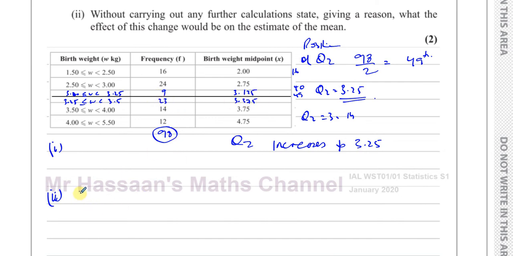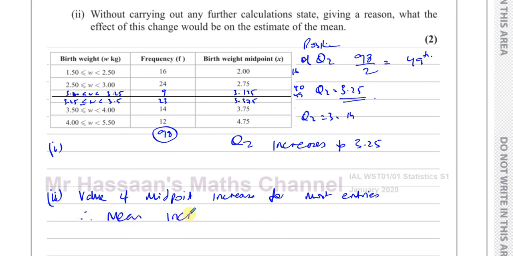So you can say that the value of the midpoint increases for most entries. Now you've got 23 more values multiplied by a higher midpoint, added to fewer values multiplied by a lower midpoint. Therefore the mean is going to increase.